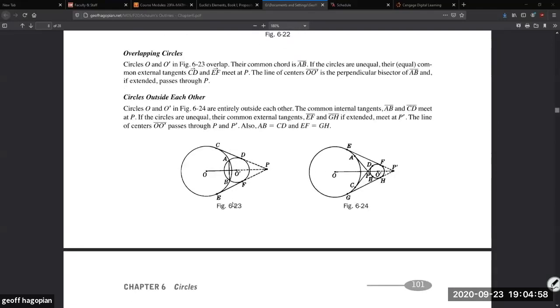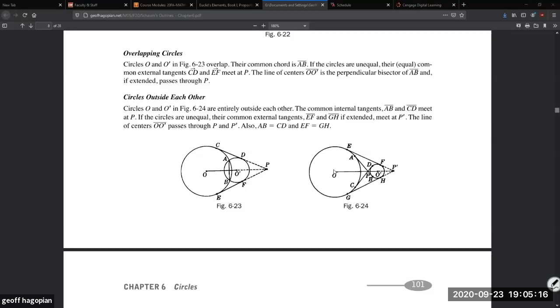Or maybe we'll relegate that to more notes in the module. Overlapping circles, yeah, right, I got that. So circles outside each other, right, so that's figure 624 here, right?